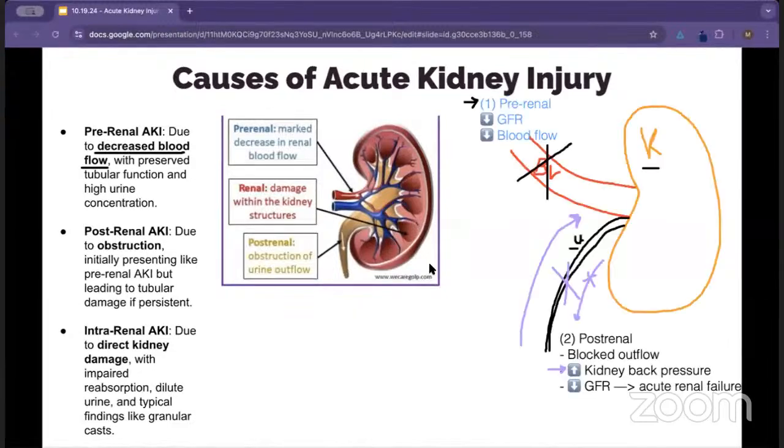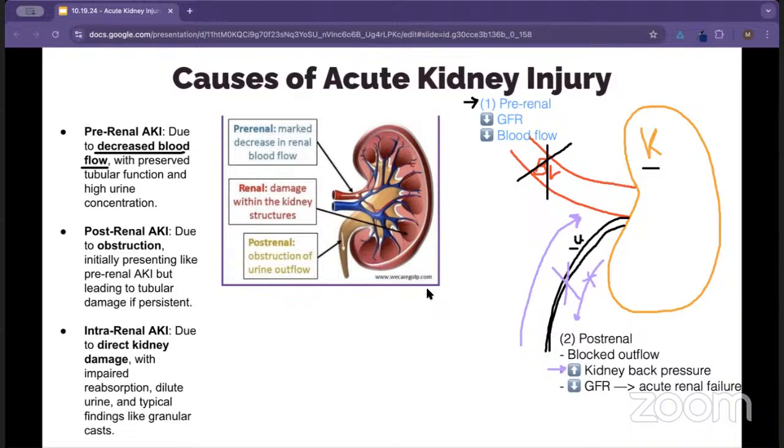The mechanism is that increased backflow and increased kidney back pressure impair the glomerular filtration. Remember, the glomerulus is part of the nephron, the functional unit of the kidney. The glomerulus will not be able to function appropriately with that increased pressure, because that is not homeostatic, not physiologic, not normal for us.